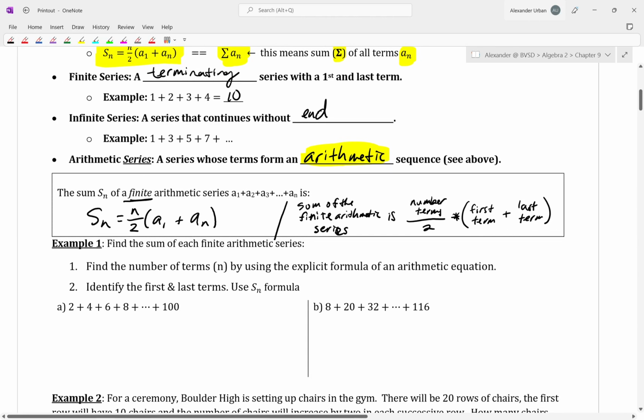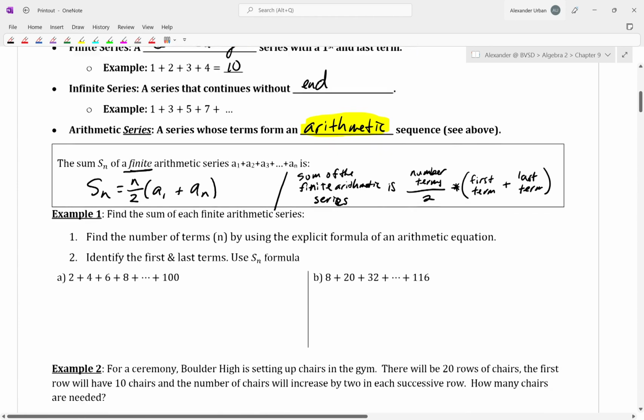So this is the way that I remember it. If you need to, go back 30 seconds and rewatch that. We're going to be using this formula for only arithmetic sequences and series. Well, I should say series, not sequences.